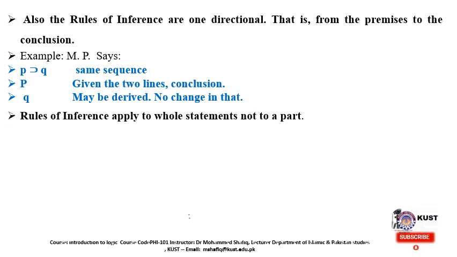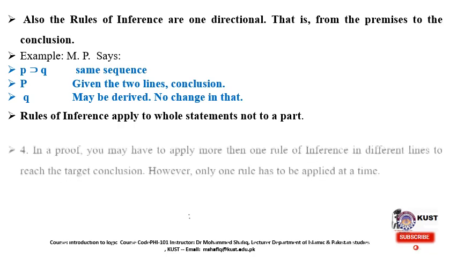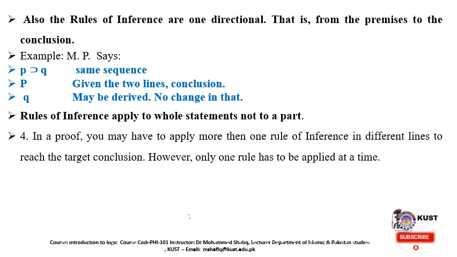Rules of inference apply to the whole statement, not only to the parts of the statement. And number 4 rule says, in a proof, you may have to apply more than one rule of inference in different lines to reach the target conclusion.